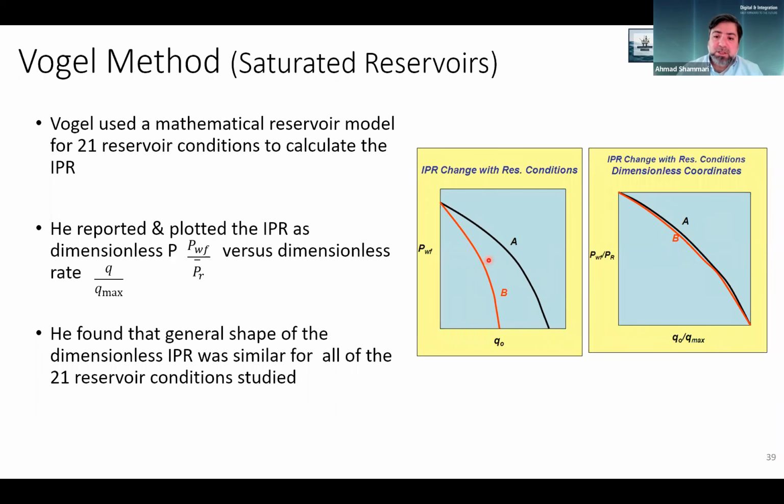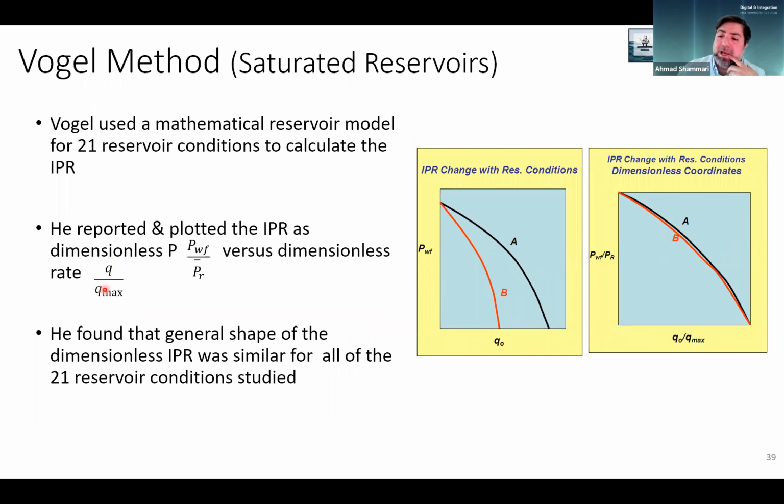Then for each of the reservoirs, he said, I'm going to divide p_wf by the reservoir pressure and put it on the y-axis, and then I'm going to divide Q, which is the flow rate, by Q max, which is the absolute open flow potential.